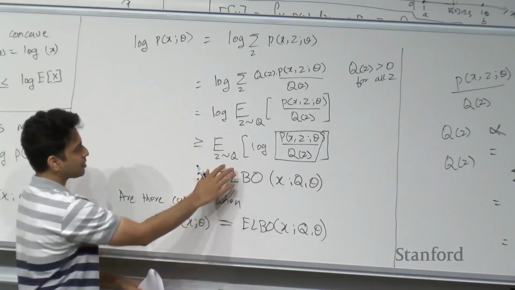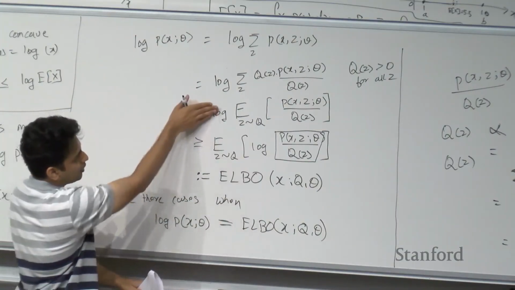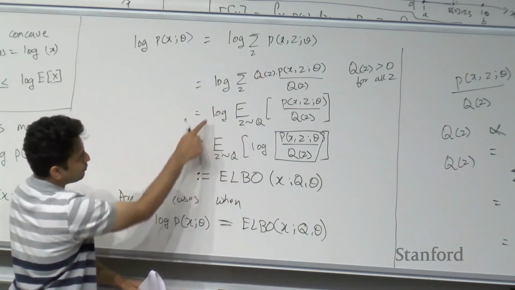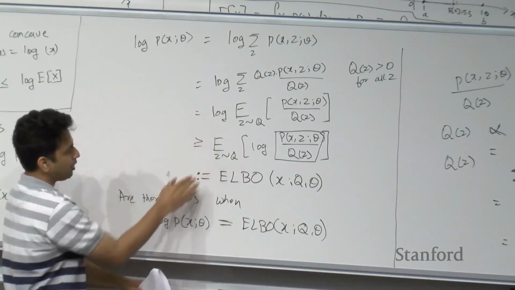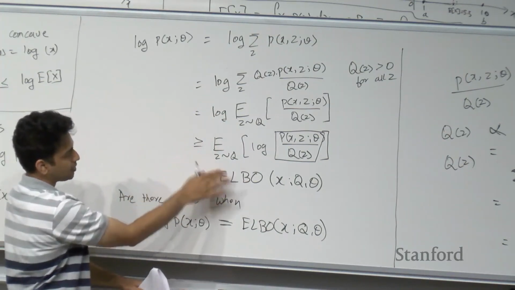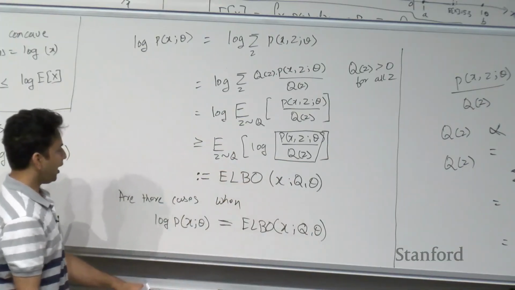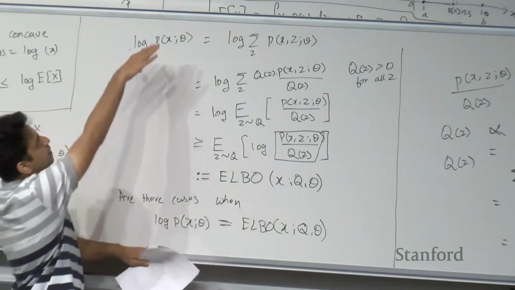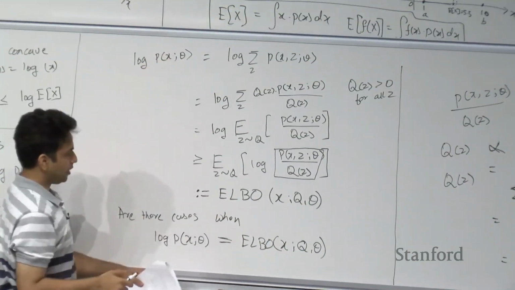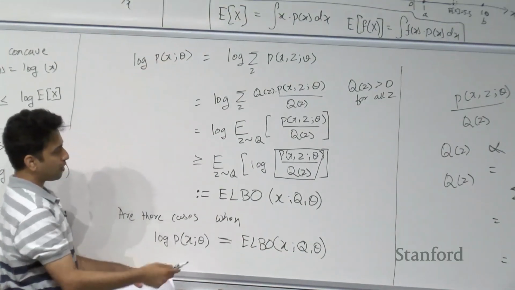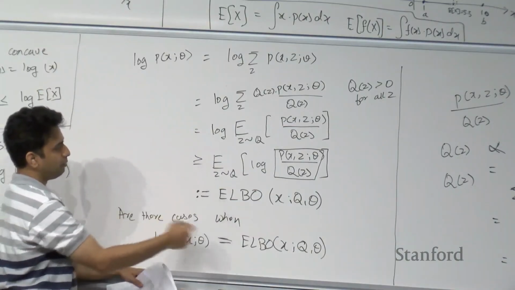This is basically Jensen's inequality, the one side and the other side of it. We called the lower end of Jensen's inequality the ELBO, we just gave it a name. Then we use the corollary of Jensen's inequality to look for conditions when this inequality will be exactly equal.